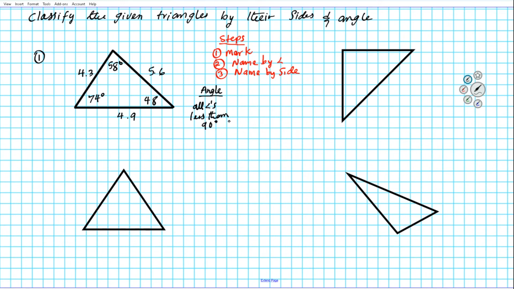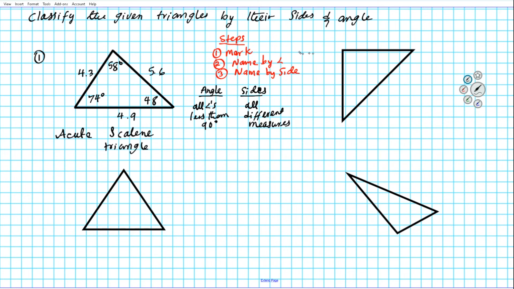Bam. So what does that tell us? Since all the angles are less than 90 degrees, it's going to be an acute triangle. How about sides? What do we notice about the sides here? They are all different measures. All right, since all the sides are different measures, it's scalene. All right, so this is an acute scalene triangle.